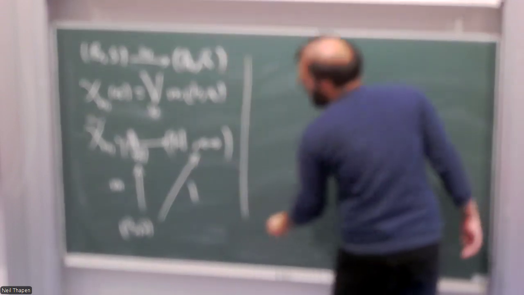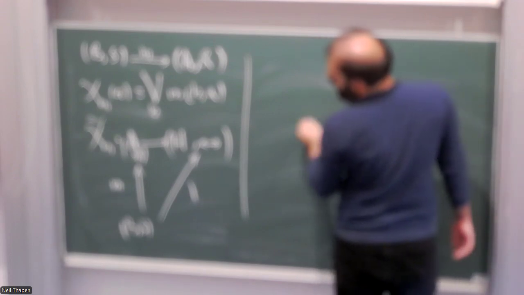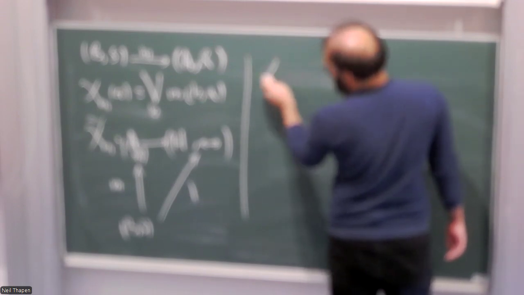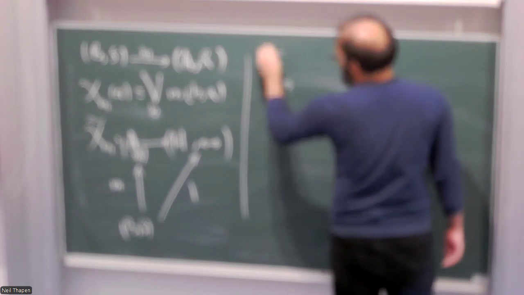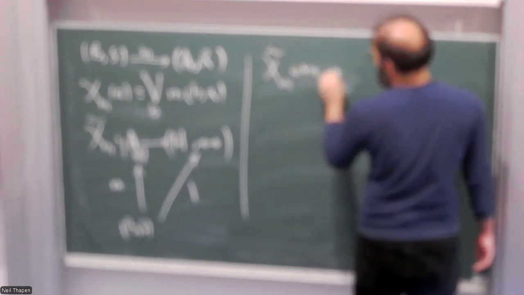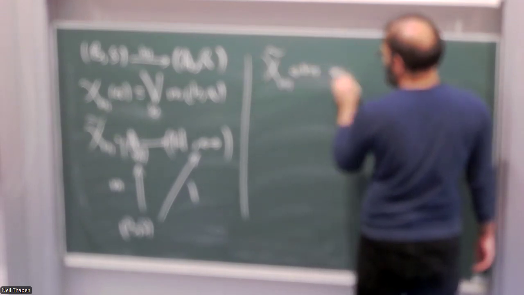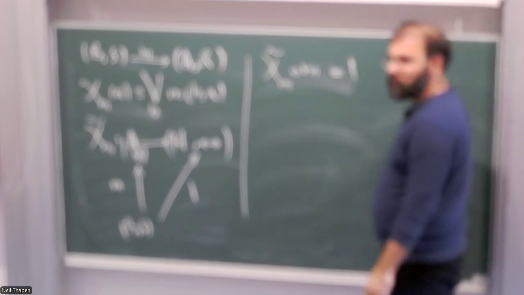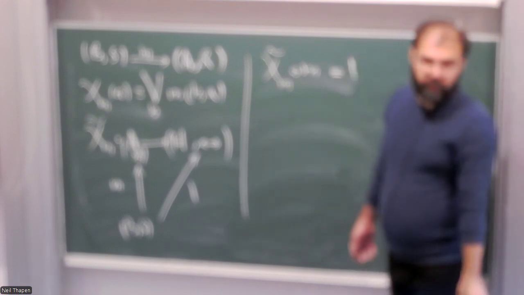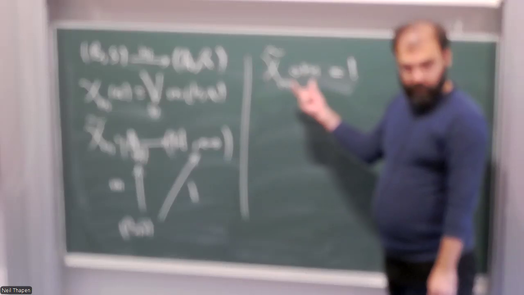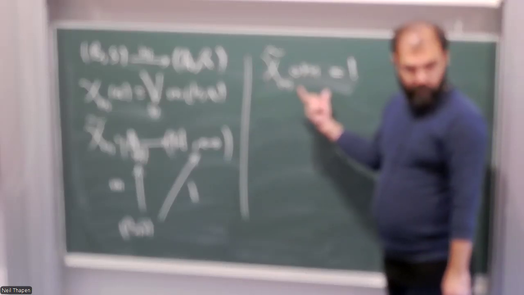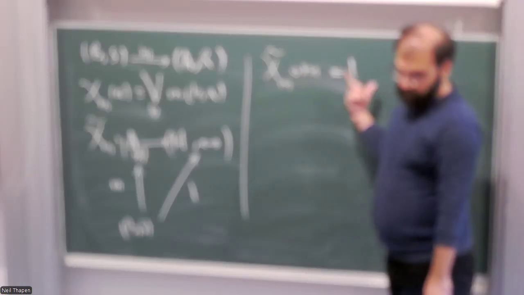What I'm saying is that chi M tilde composed with M equals constant one. And it should be, right? Because that's the characteristic of the guy. So if you compose it with the guy, then it should just answer one. Always, right?